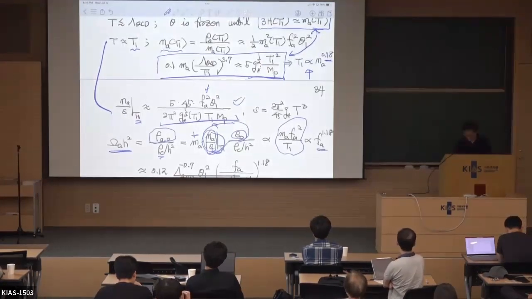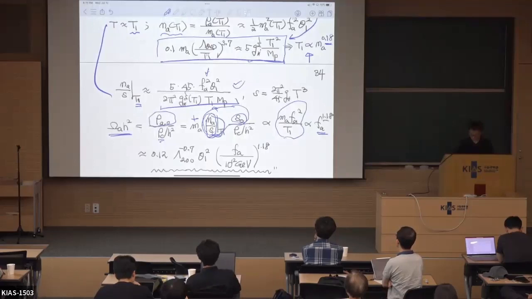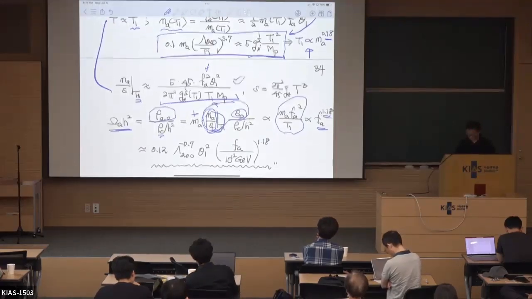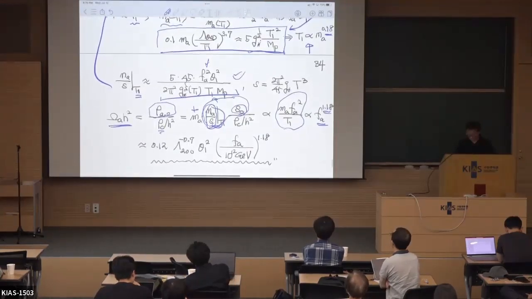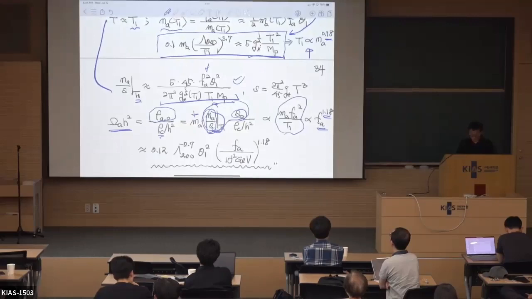Then at the end of the day, this whole quantity is proportional to f_a to the 1.18. This is the fun number you can calculate. So then we can get a more precise value for axion number density like this.